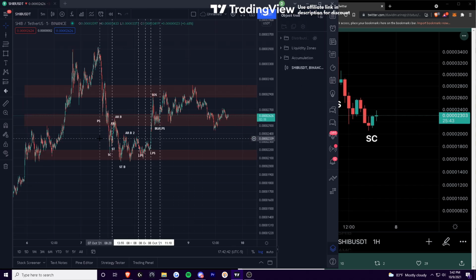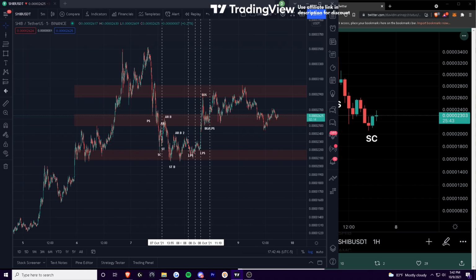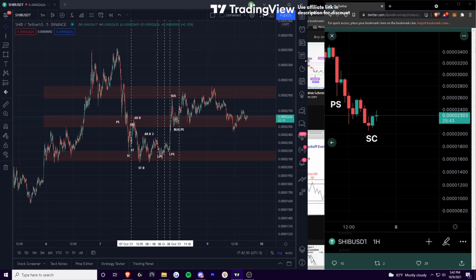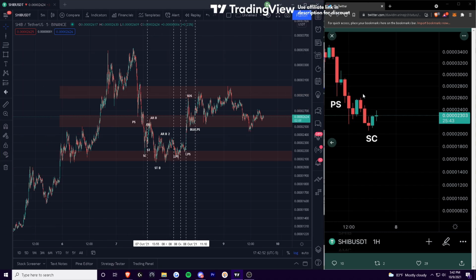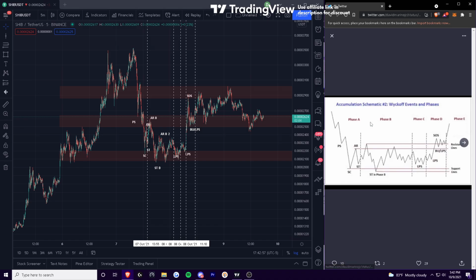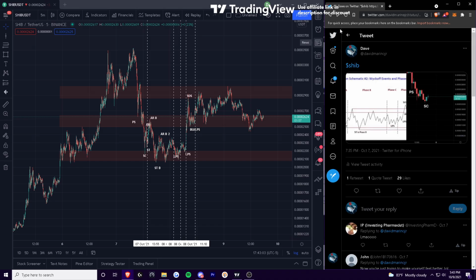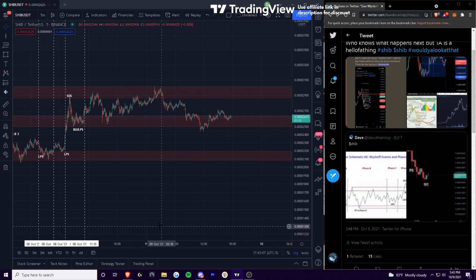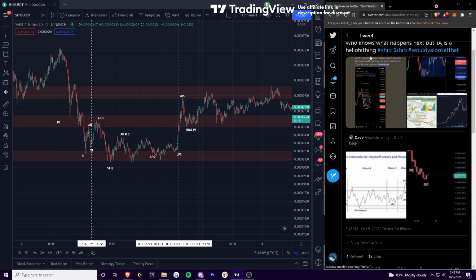Here, this is when I identified that this pattern could potentially be playing out. Based on this schematic that you see on your screen, I entered at these lows down here. Nothing too crazy, just a little bit of skin in the game so that I could watch it play out.